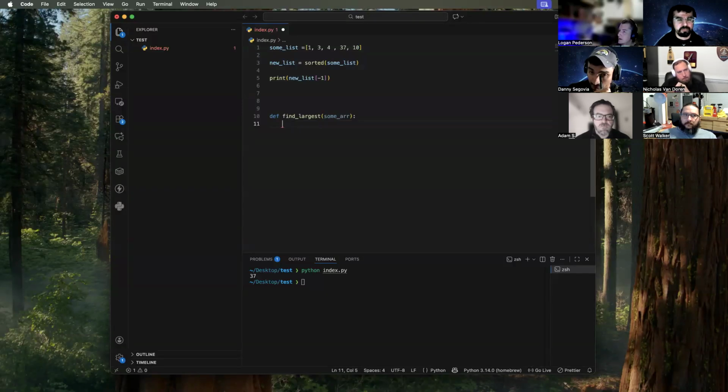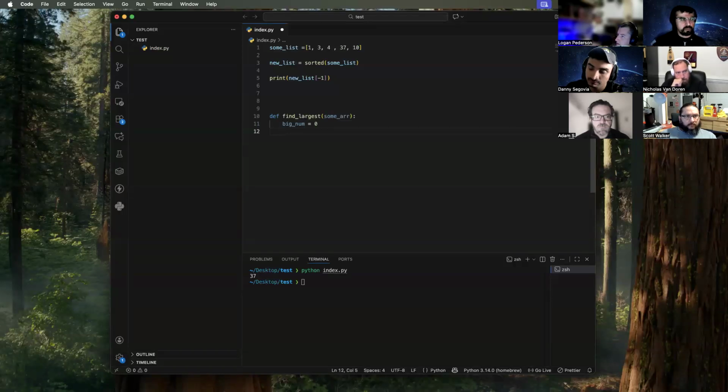So I would initialize a variable called big num, set it to 0. And then next line, if we're going to have to do if i in some array. You're missing something. We need to do what?